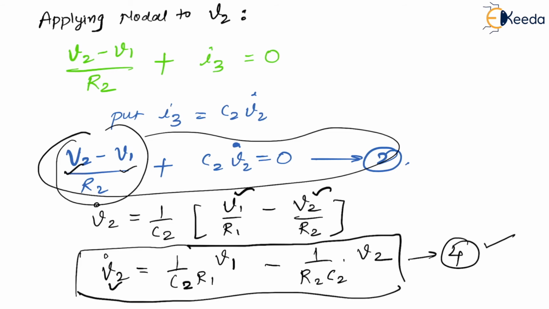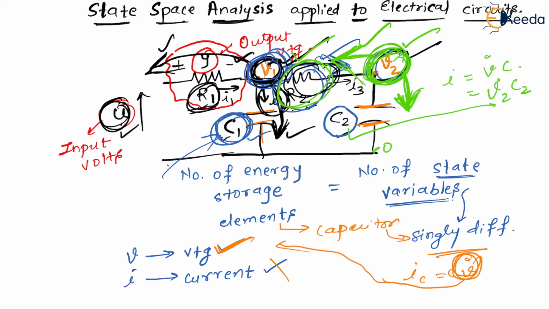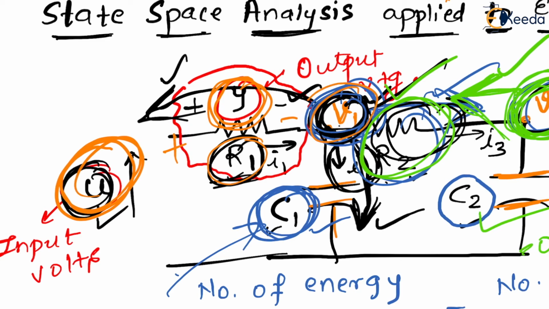If you think of output Y, see here, this is output Y, the voltage across this R1, meaning this voltage minus this voltage.